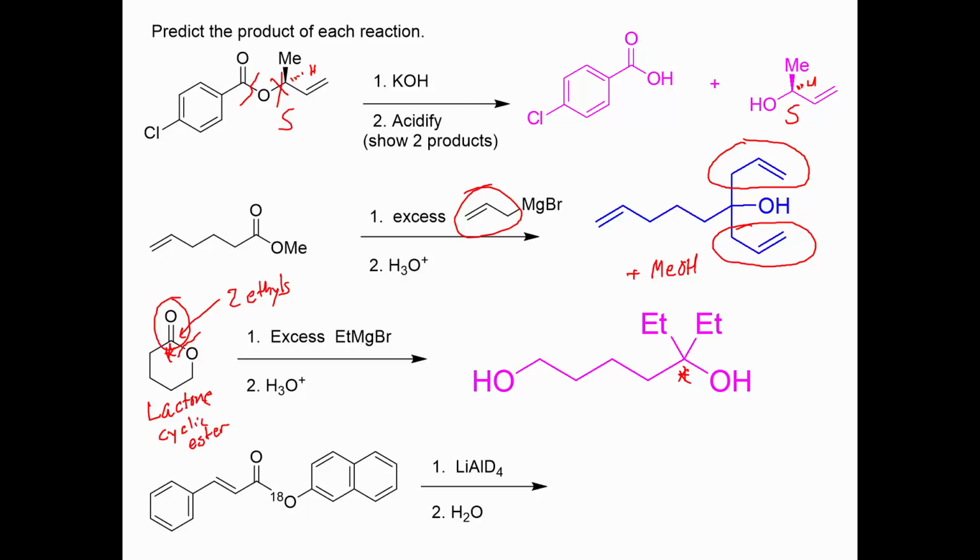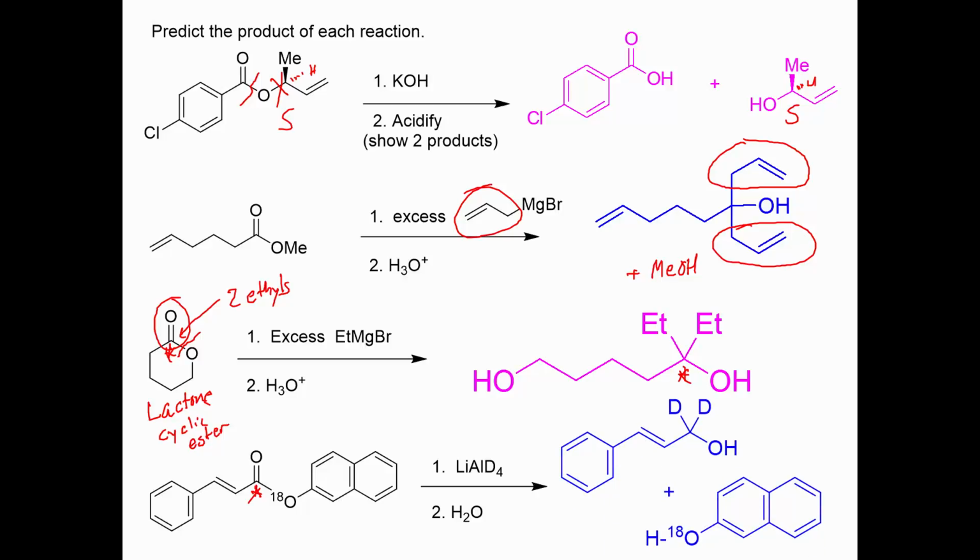Okay, so we have oxygen 18 in the alcohol part of the ester, and we're treating it with lithium aluminum deuteride. As you recall, in the other explanation, we put 2 deuteriums where the original carbonyl group was. Okay, and these are the 2 products that we should expect.